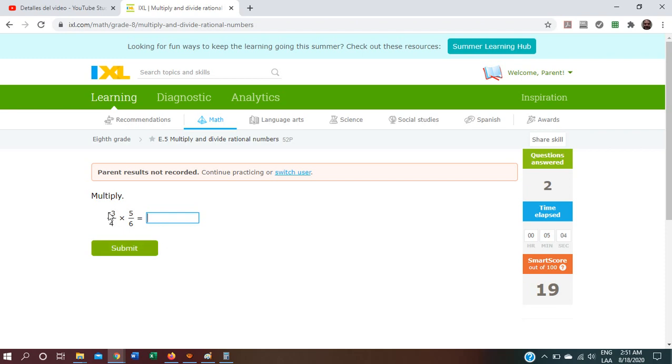So again, different symbols, the answer is going to be negative. It is a multiplication, so the multiplication is direct: 3 times 5 equals 15, divided by 5 times 6 equals 30. So it can be reduced if we divide both numbers by 3.